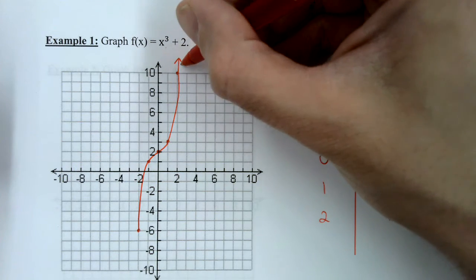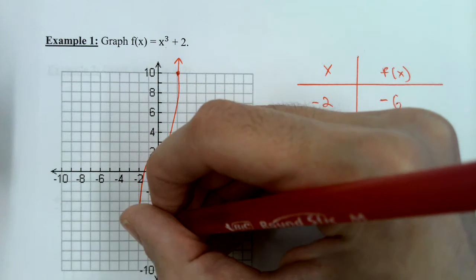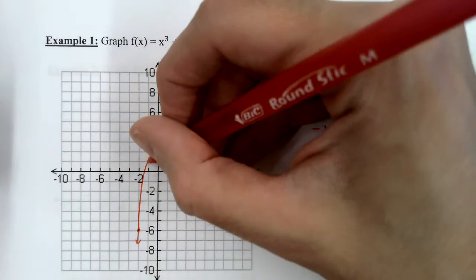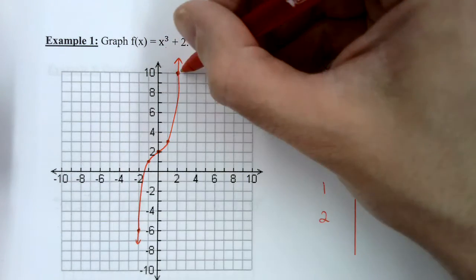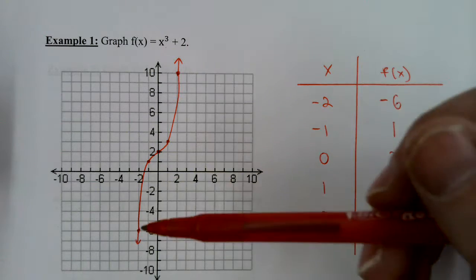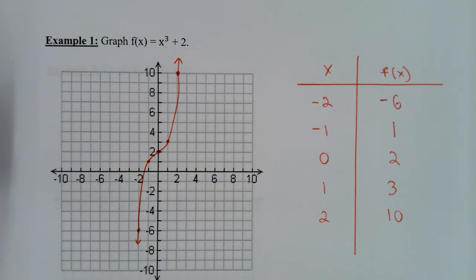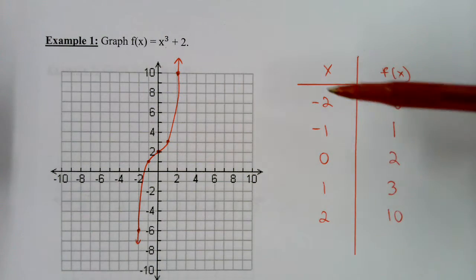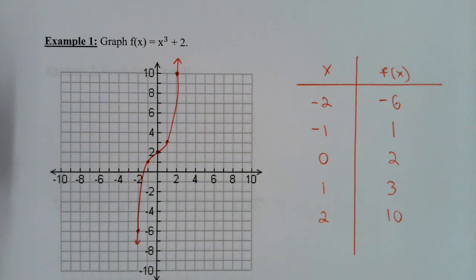So this is what the graph looks like. Again, hopefully you remember what the cubic parent function looks like. This is the cubic parent function from last class, shifted up 2 units. Every point was shifted up 2. That's what that plus 2 at the end means.